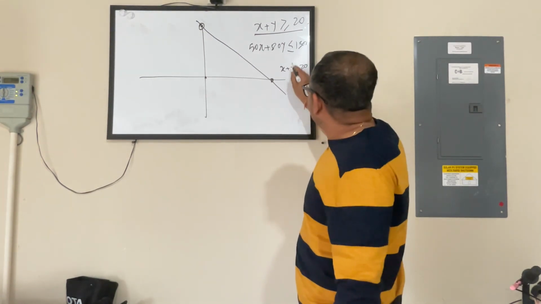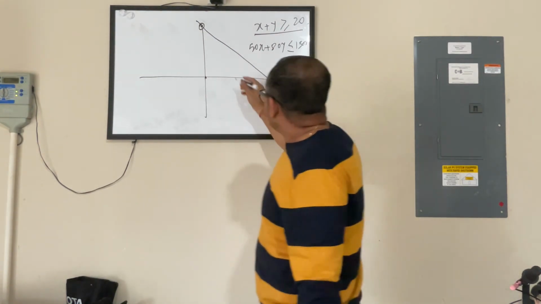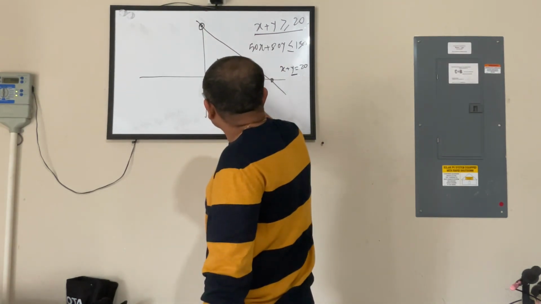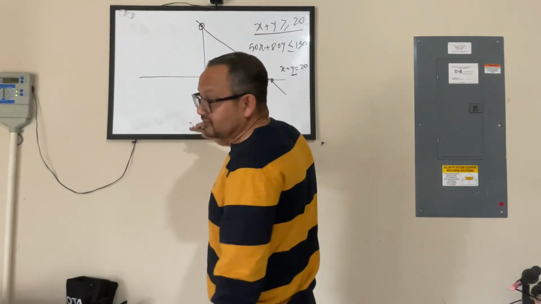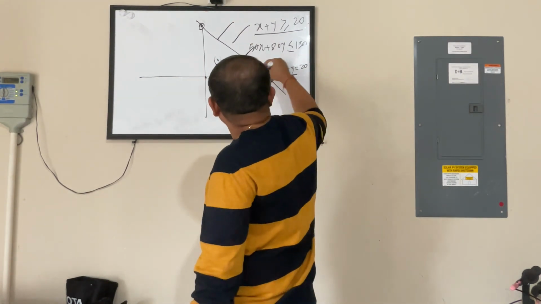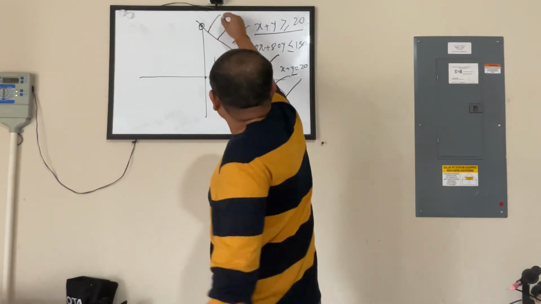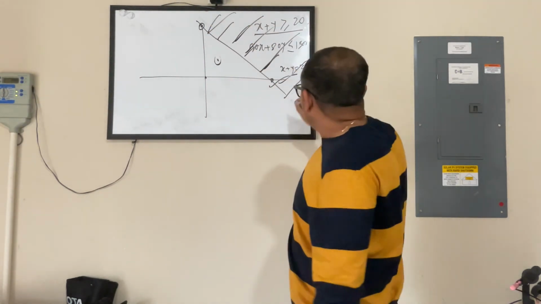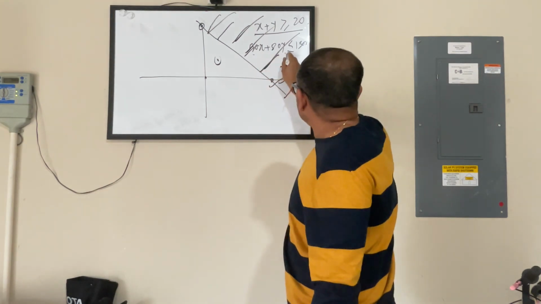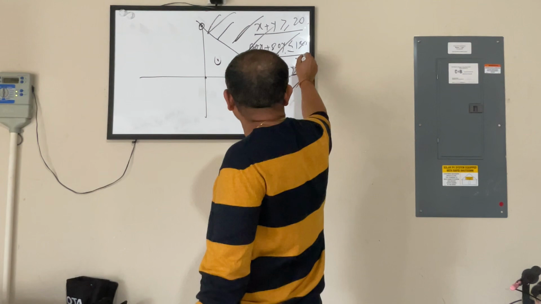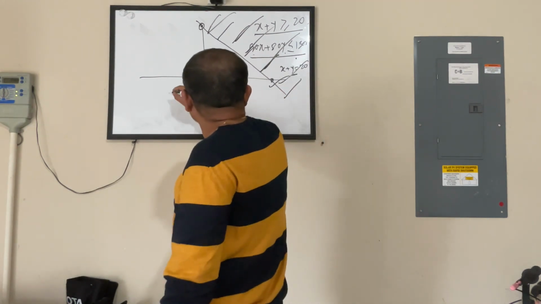Now, when I am saying x plus y is greater than or equal to 20, if you pick any point below this line, you will find that this is less than 20. If you have to go above, so your one side of the equation is somewhere here. Now 50x plus 80y is less than 1500. If we try plotting this one, this will be something like this.